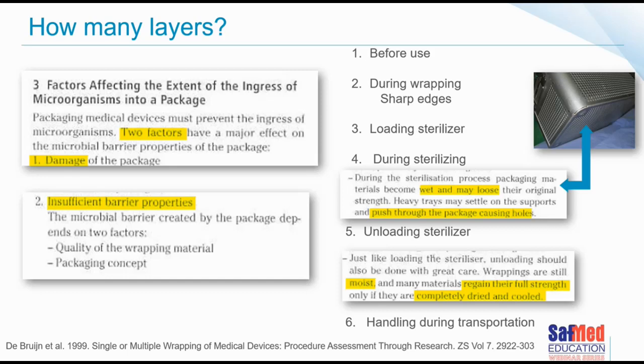During sterilization, and I refer specifically to this little extract, he says, during the sterilization process, packaging materials may become wet and may lose their original strength. Heavy trays may settle on the supports and push through the package, causing holes.